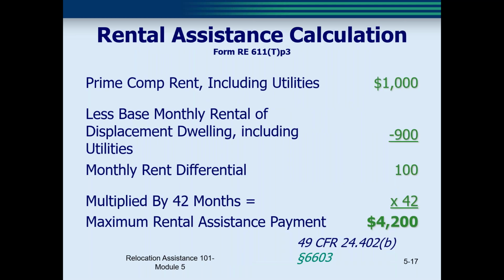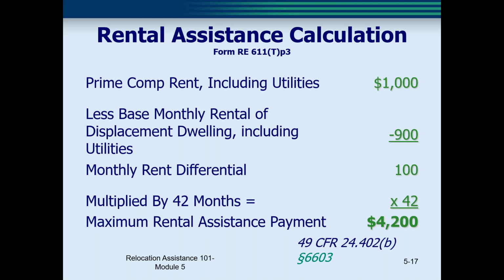So on this slide, we have a simple example of how this works. Your prime comp that you go out and find in the market, including utilities based on the utility worksheet, is $1,000.